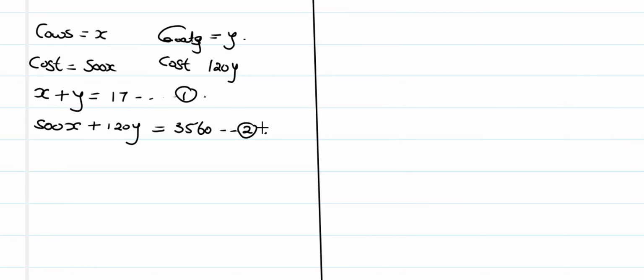And here we can try to use elimination so that we don't just use one method. And using elimination, I can force x in the first equation to look like the x in the second equation. And in that case, in the first equation, I'll multiply everything by 500 so that this x becomes 500.